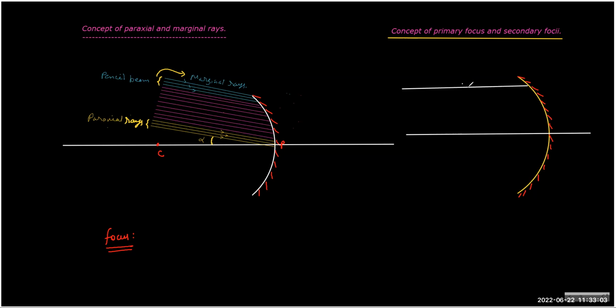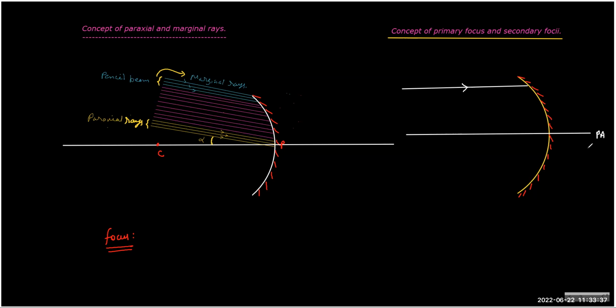It's a beam actually, not a single ray, a beam of light coming like this, which we denote by a single line. You have a beam of light, and this light is coming parallel to the principal axis. A ray is parallel, a beam is also parallel. So within this beam, we have infinite rays which are parallel to each other, as well as parallel to the principal axis.